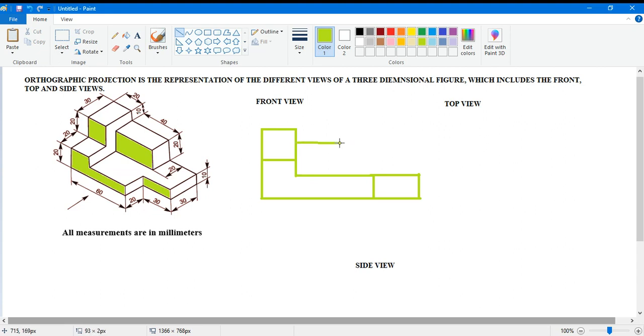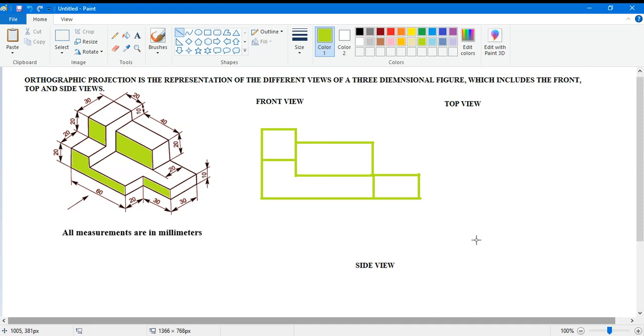And lastly, I will be drawing this. So this is what we know as my front view.